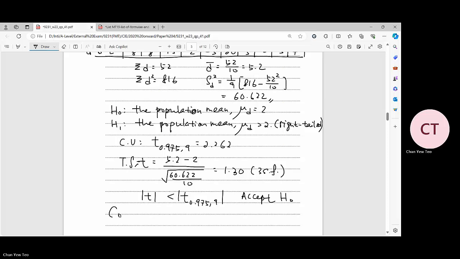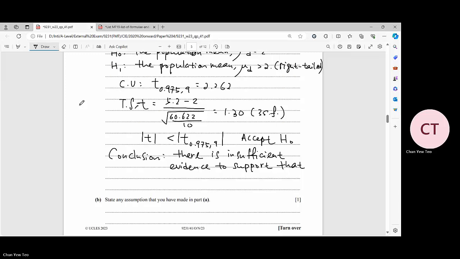So conclusion: there is insufficient evidence to support that the population mean of the difference mu D is greater than 2.